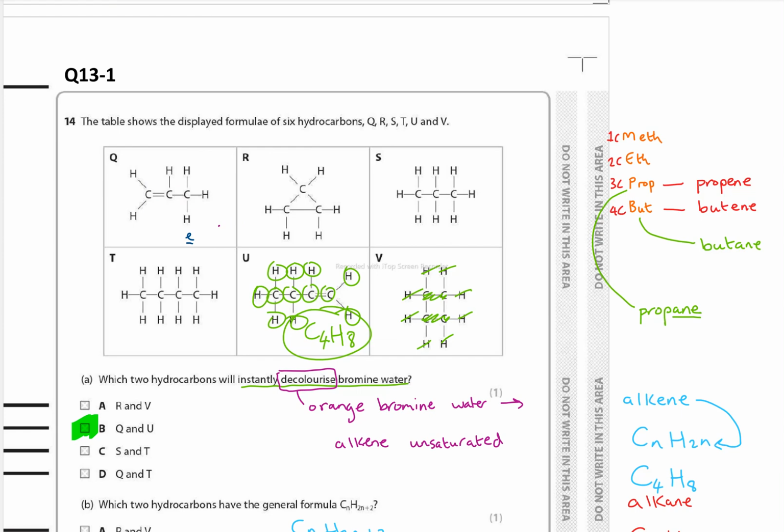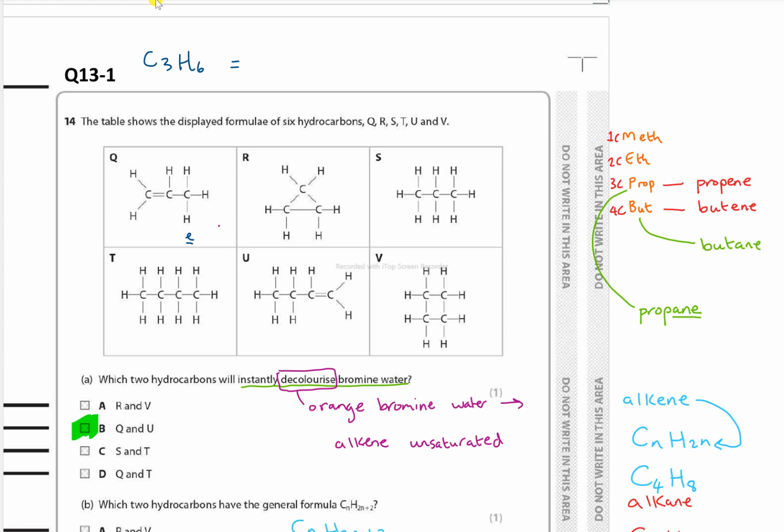I'm a bit confused. So to avoid that confusion, we're going to rub everything out and try to work this one out. So you've got 3 carbons, C3, 2, 4, 6 hydrogens, H6.